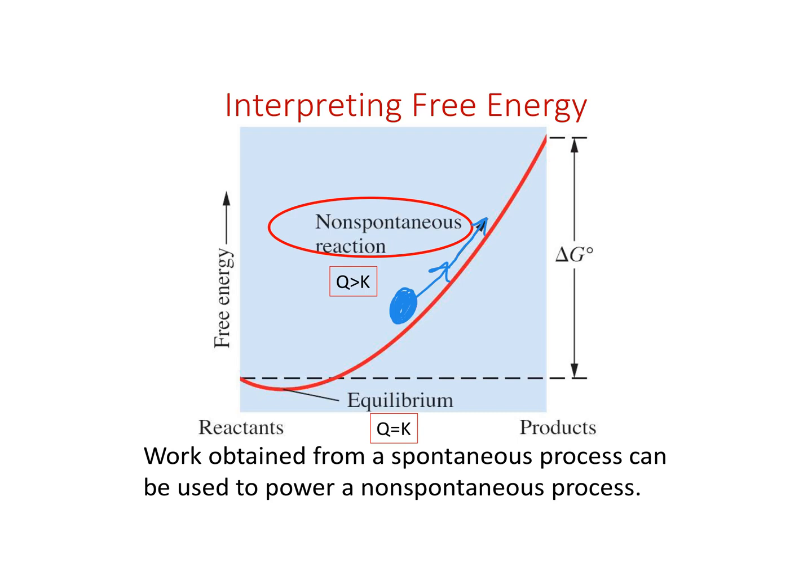We can take the free energy released from a spontaneous reaction and put that energy into a non-spontaneous reaction, pushing that boulder back up the hill. So we can take that work released from a spontaneous reaction, harness that, and put that to use in getting something done that is non-spontaneous, right? Something that we have to put work into.